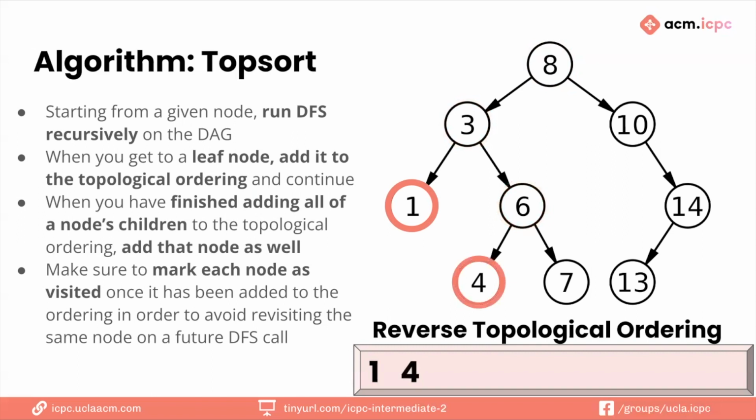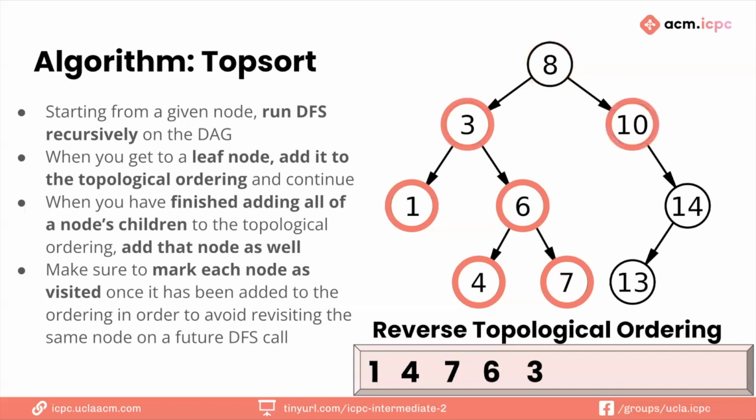Node 4 is a leaf node again, so we add it to our topological ordering. We continue to node 7, we add node 7. Now, since we covered both children of node 6, we can add node 6 itself. Same happens to node 3 until we get to the root node where we started.